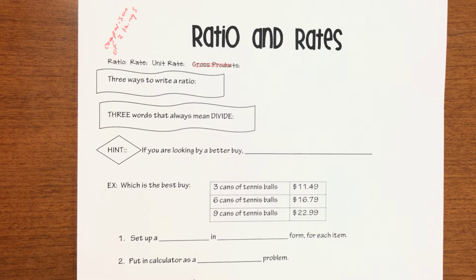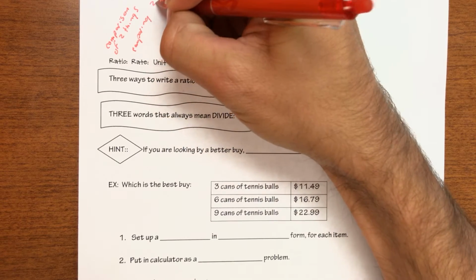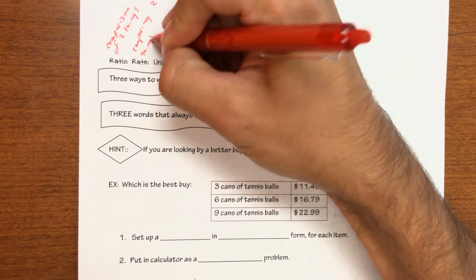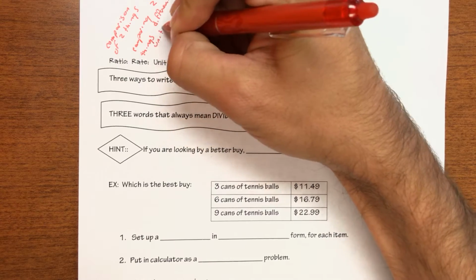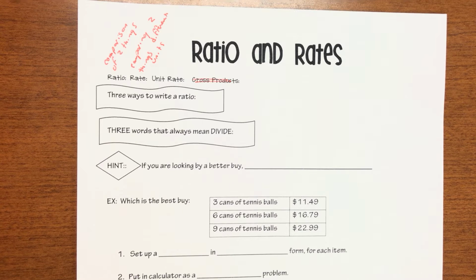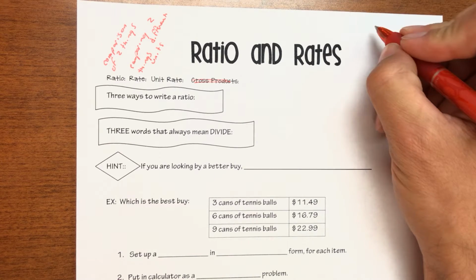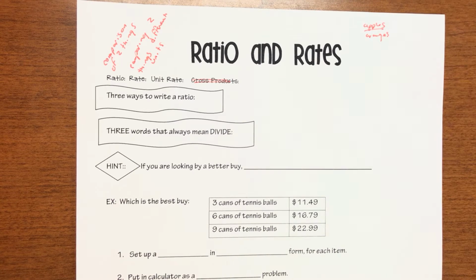We call that one a rate because we're still comparing two things, but they have different units. So a rate is really just a special ratio. For example, I can compare apples to oranges. Obviously they're different things, but you're still comparing fruit, something similar.